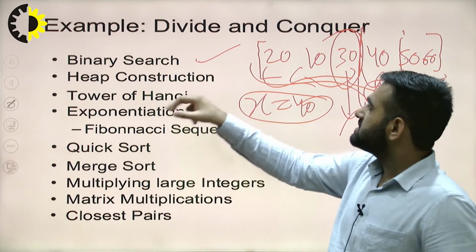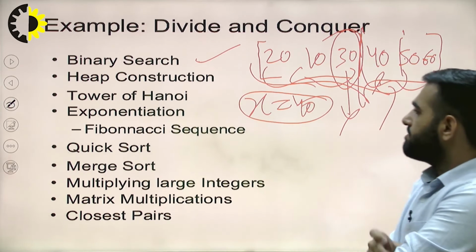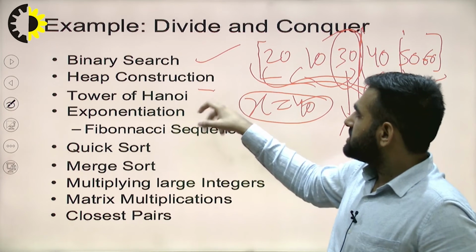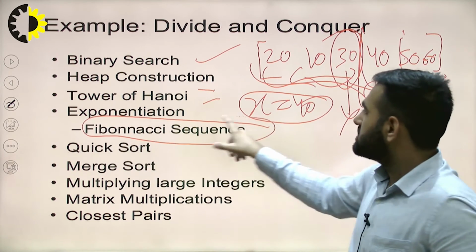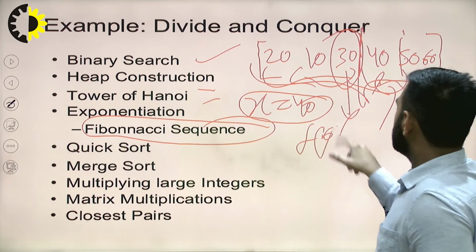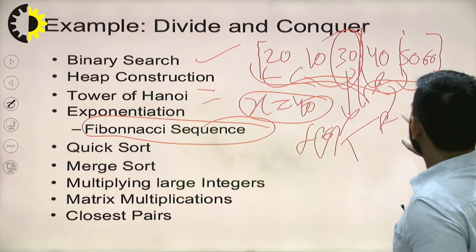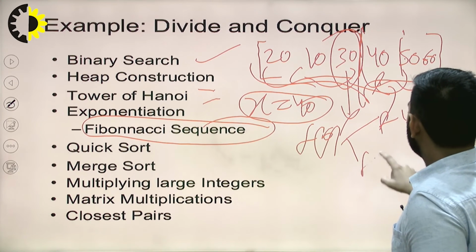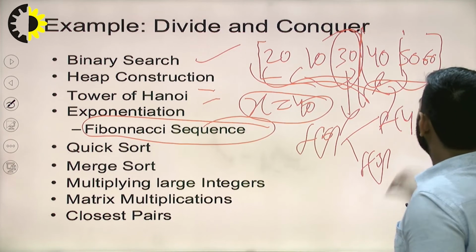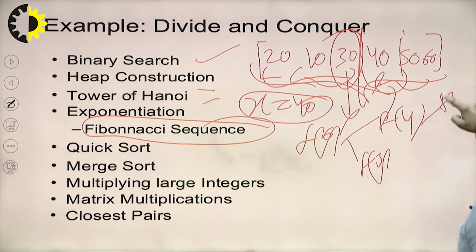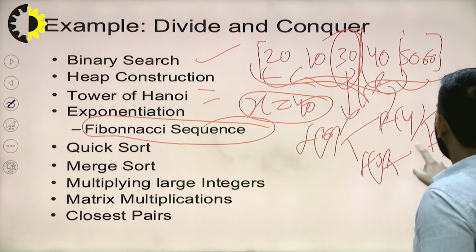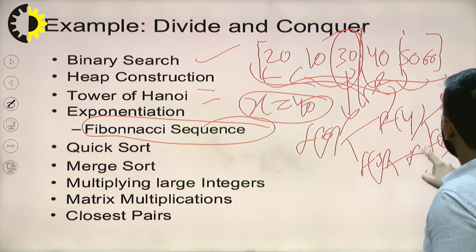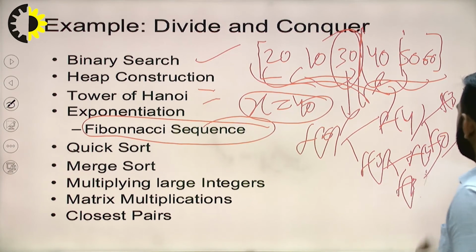Next is heap construction, Tower of Hanoi, exponential, and the Fibonacci series. As I've already discussed, Fibonacci of 6 is what? Fibonacci of 5, Fibonacci of 4, recursively, Fibonacci of 3, Fibonacci of 2, then Fibonacci of 5, Fibonacci of 4, Fibonacci of 3.